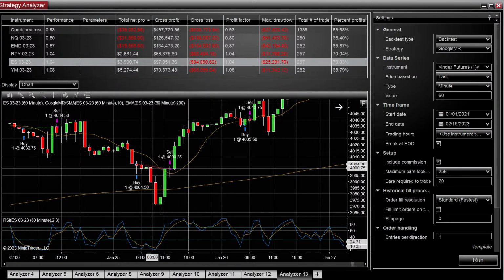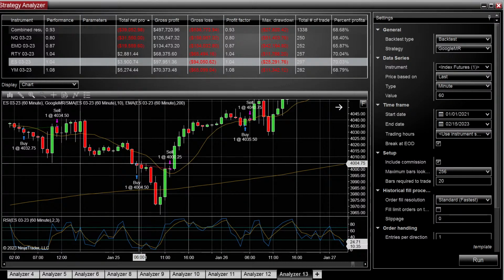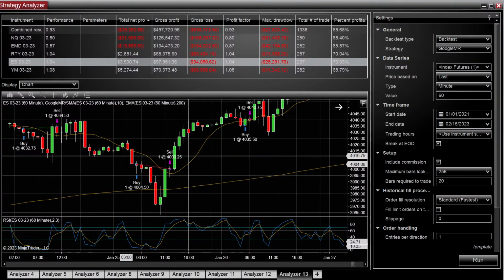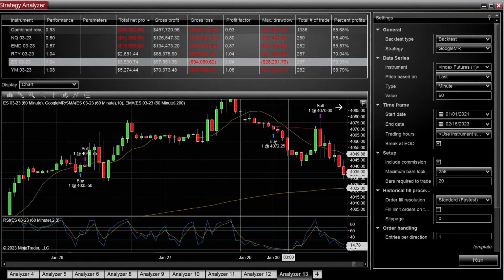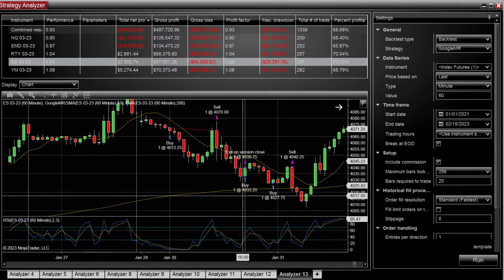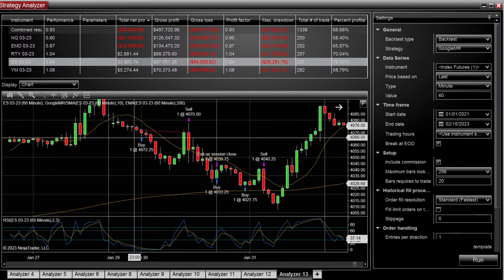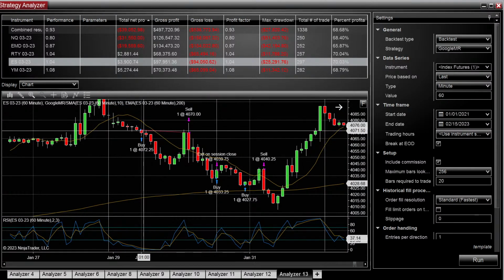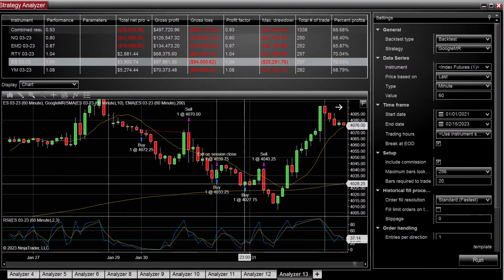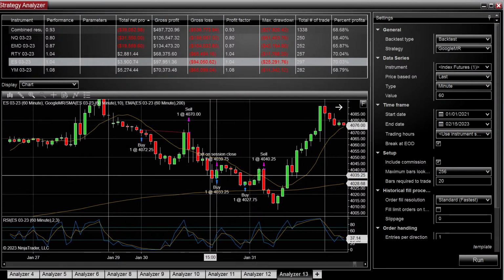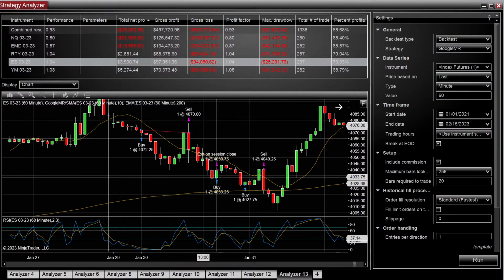Like the last one, around January 31st, it bought there at the close and then tried to get out at the close of the red one, and it's way lower than the close of the entry.